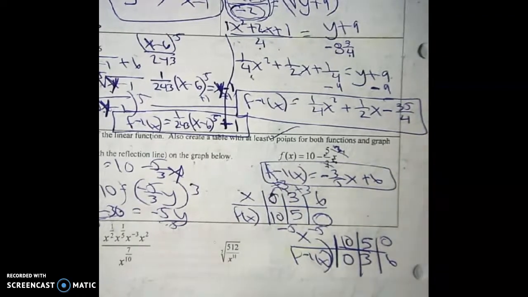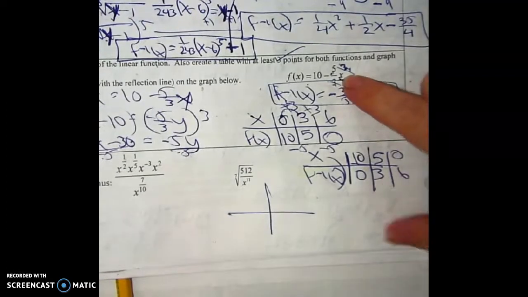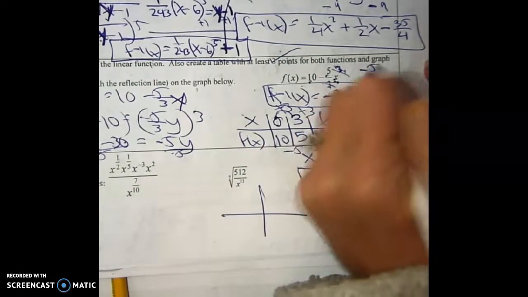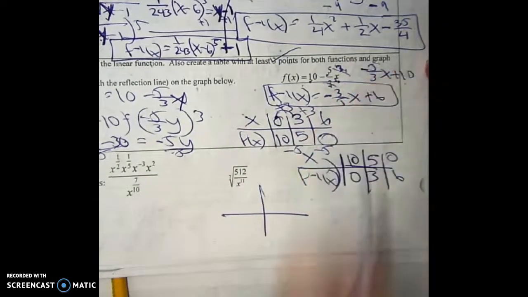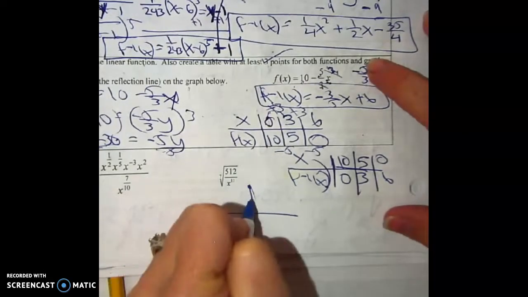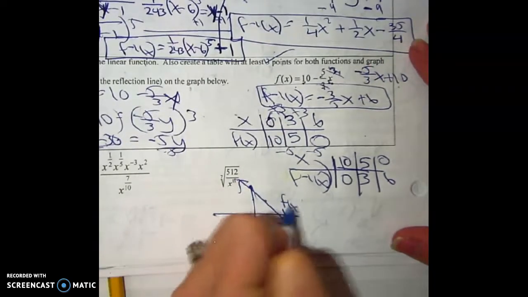And then graphing them. All right, this looks like a lot of fun space. So if I'm going to graph this, I actually feel a little bit uncomfortable. I don't like that this is first. So I'm going to rewrite this as negative 5/3 x plus 10. So I'm going to fake it. Up 10, down 5, right 3. f of x.